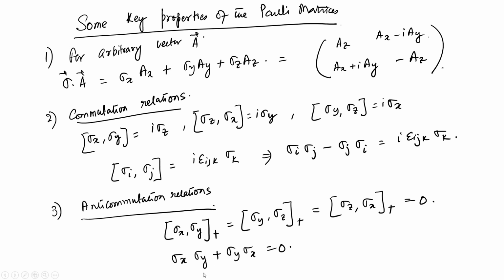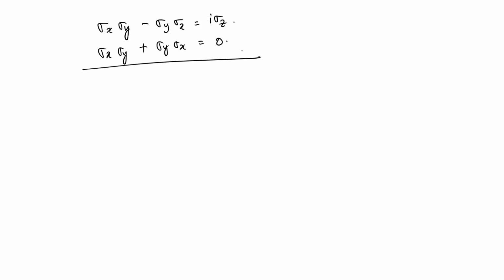And if you combine these commutation and anti-commutation relations, then you get something nice, because let us see for one of them. So, sigma x sigma y minus sigma y sigma x is equal to 2i sigma z, that is for the commutation relation, and for the anti-commutation relation we have sigma x sigma y plus sigma y sigma x equal to 0, and if you add both of them, then it gives you 2 sigma x sigma y, this is equal to i sigma z.